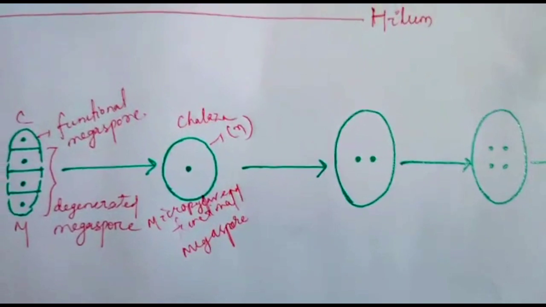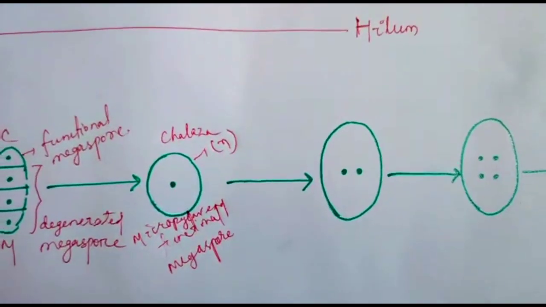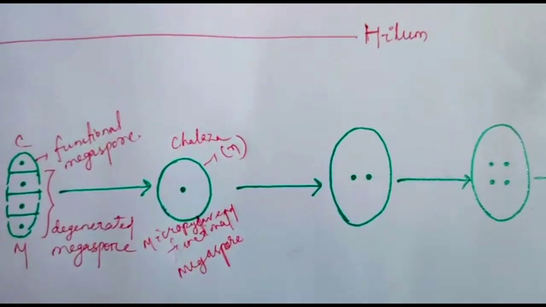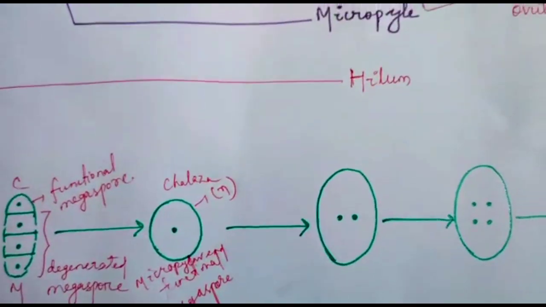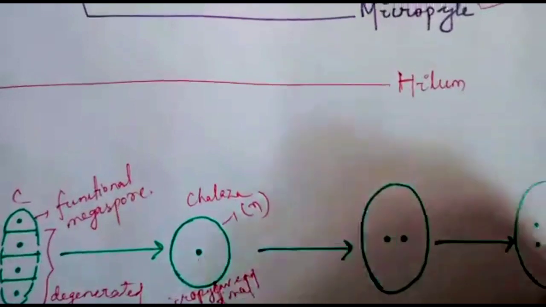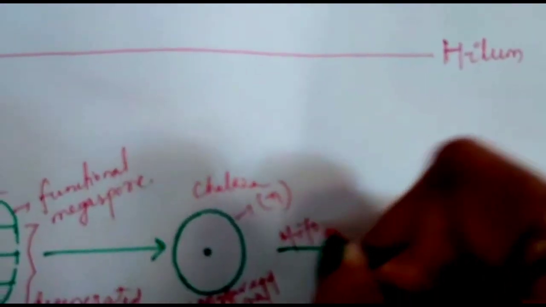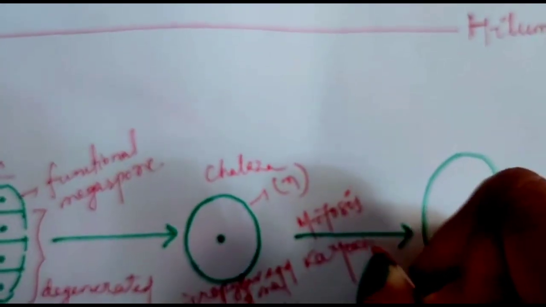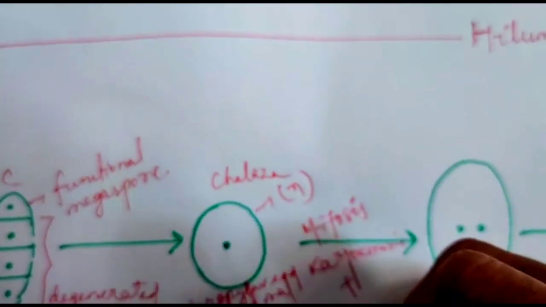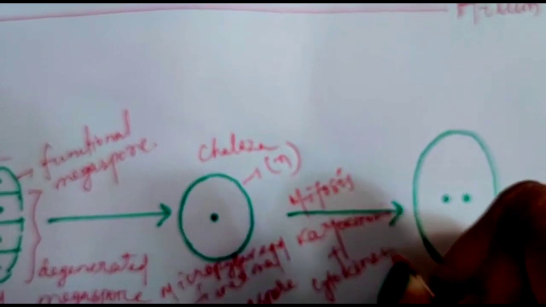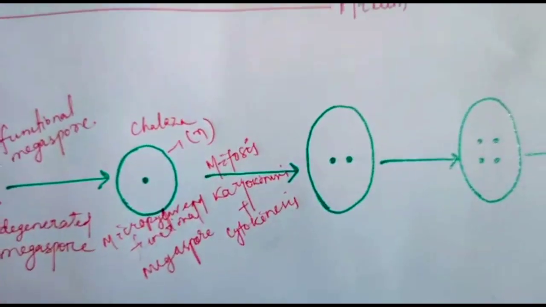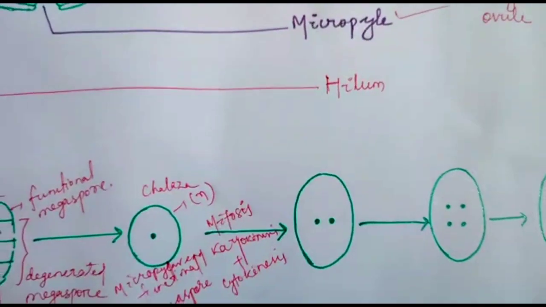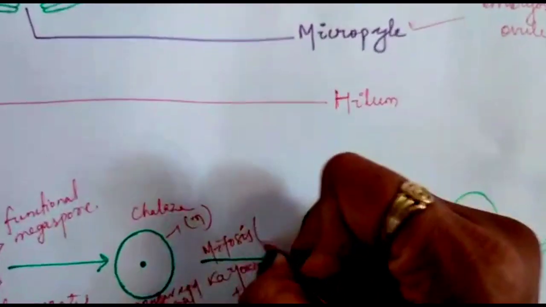Now, this megaspore undergoes mitotic division followed by karyokinesis and cytokinesis. Then after the first mitotic division, it undergoes 3 mitotic divisions.